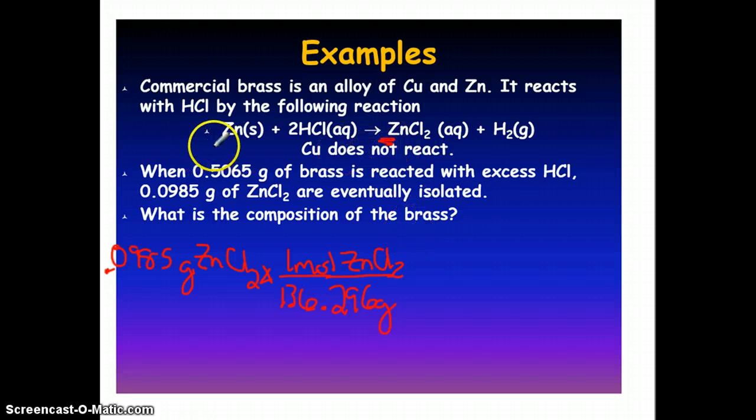We have a 1-to-1 here, so I'm going to shortcut again. And then we need to get it to grams of zinc. We know that our molar mass of zinc is 65.39 grams, which tells us that the amount of zinc that we would have had originally was 0.0473.